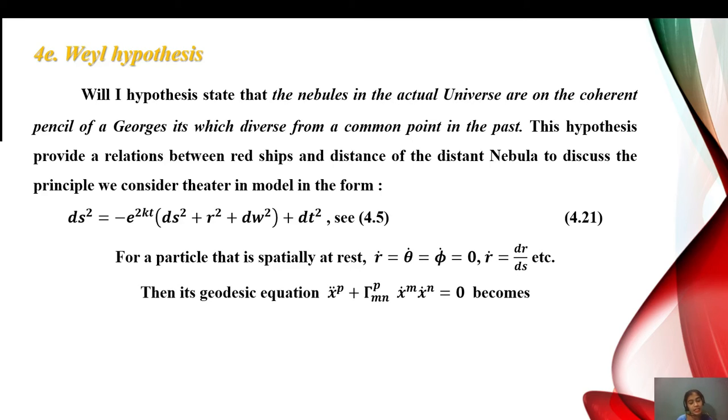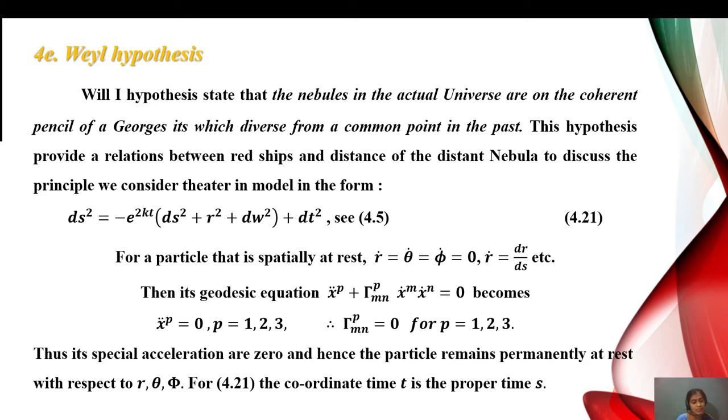Then the geodesic equation is x double dot p plus gamma p mn x dot m x dot n equals 0, which becomes x double dot p equals 0 for p equals 1, 2, 3, and gamma p mn for p equals 1, 2, 3 is 0.